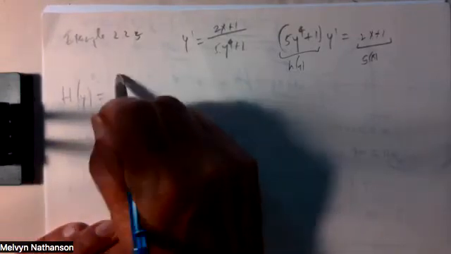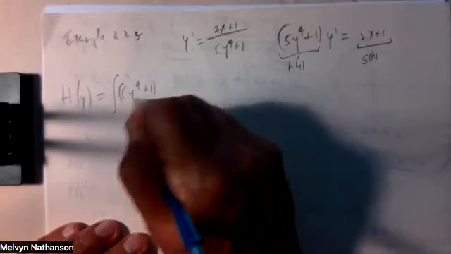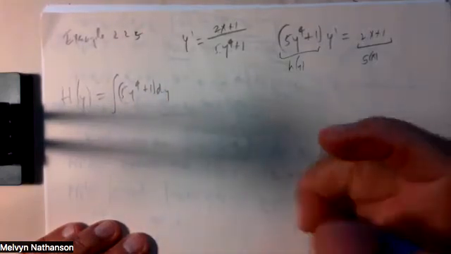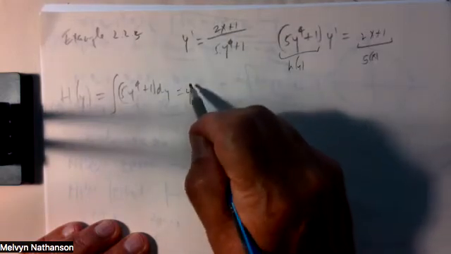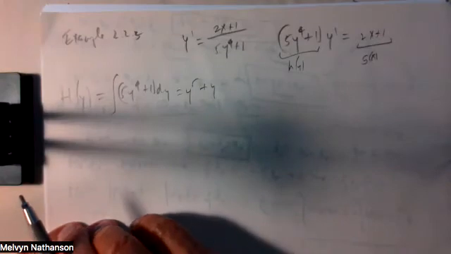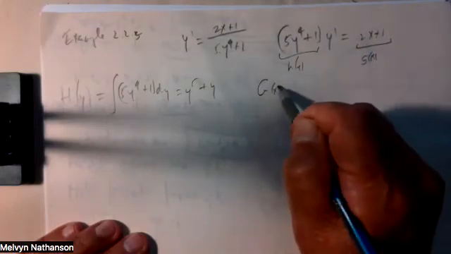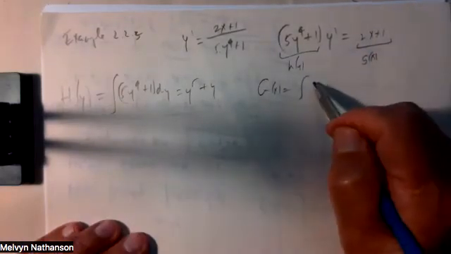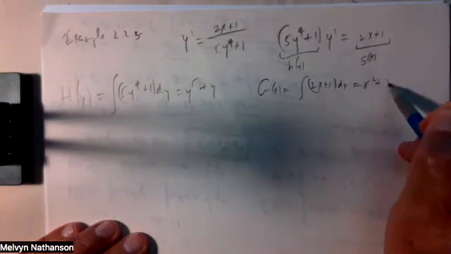So capital H of y, which is the integral of 5y to the 4th plus 1, I just need any antiderivative. This is y to the 5th plus y. And capital G of x, which is the integral of 2x plus 1, is x squared plus x.